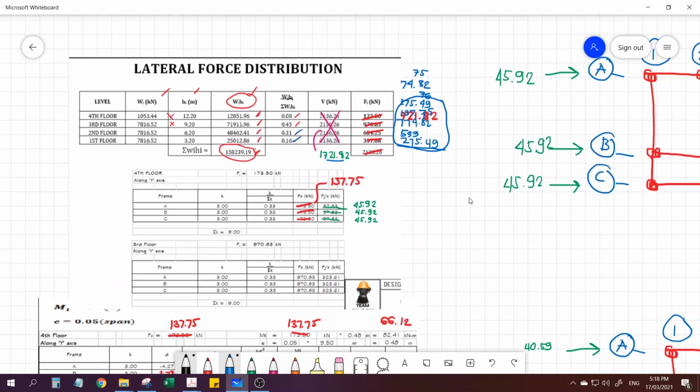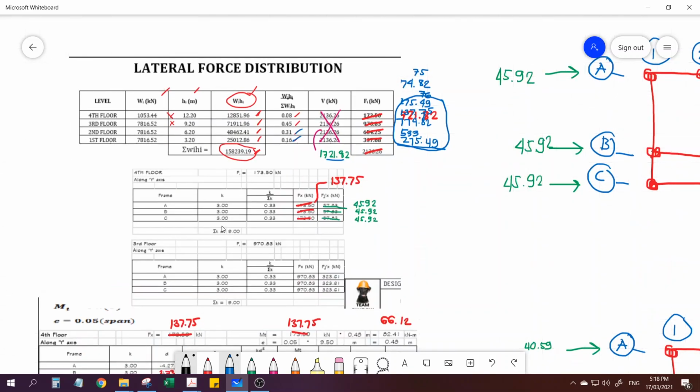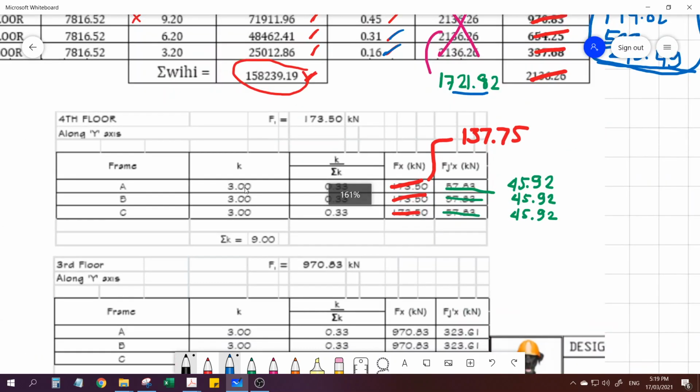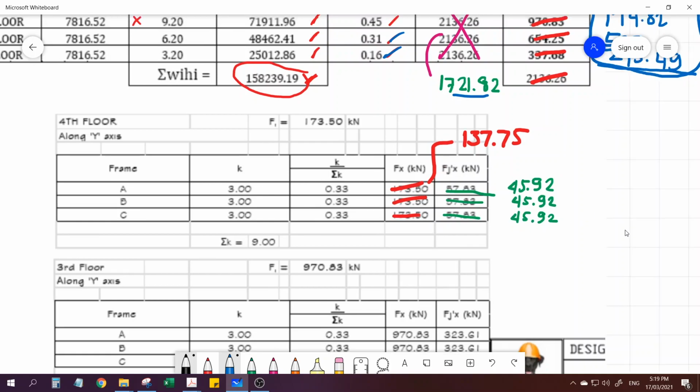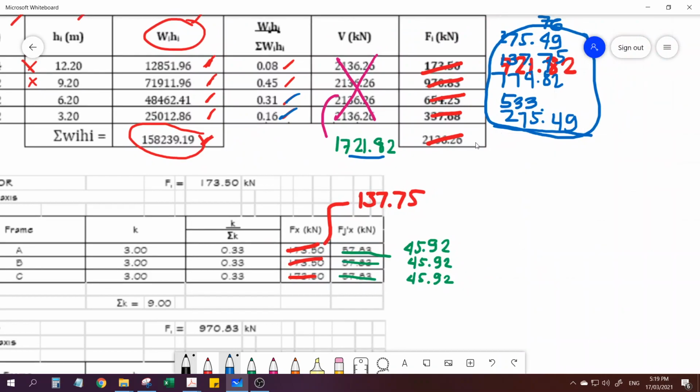Next is, after that, kukunin mo yung summation of k. Siyempre, 3 times 3 is 9. Then, kunin mo yung ratio. Since equal naman sila lahat, of course, 1/3 yung hatian. So, k over summation of k, 0.33. And then, lagay mo yung force na i-distribute natin, which is 137.75.